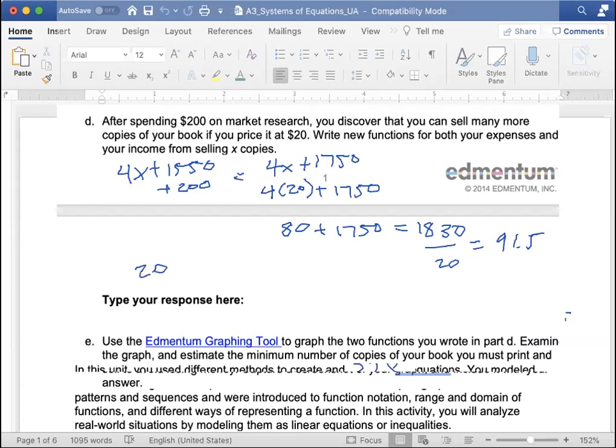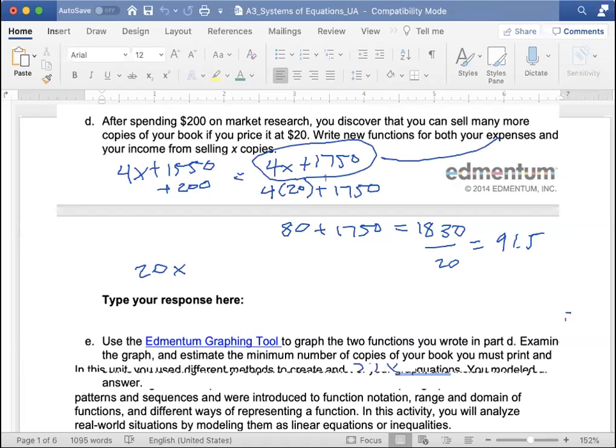And 20x would be your function for how much money you would make by selling the books after your break-even point. So this is your expenses right here.